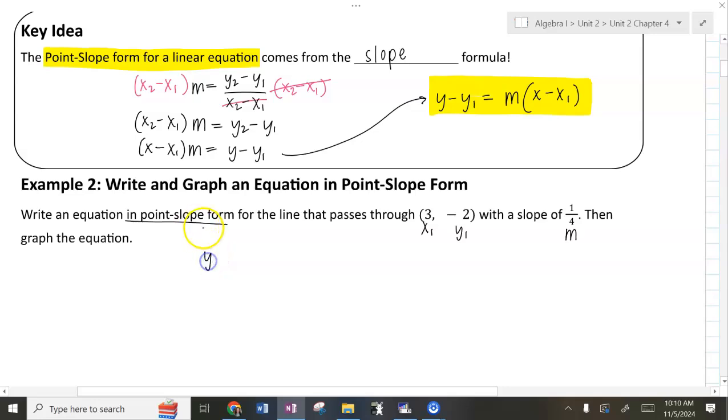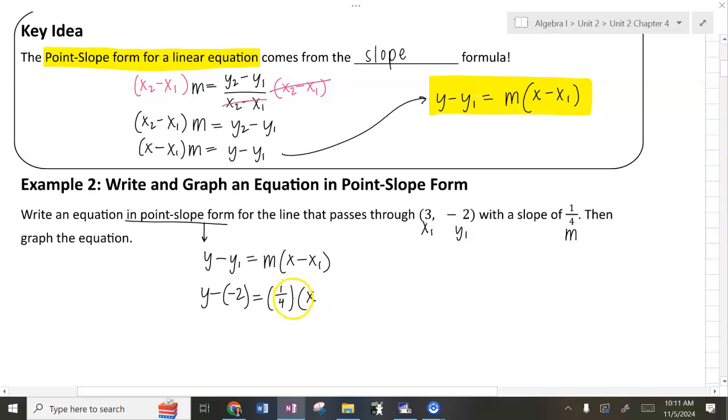So the first thing you'll do is write down your point-slope form. Y minus y1 equals m times x minus x1. Take your given information, x1, y1, and m, and substitute it into your equation. So you're going to have y minus, and then you'll substitute in negative 2 for y1. Remember, anytime you substitute a number, you put it in parentheses.